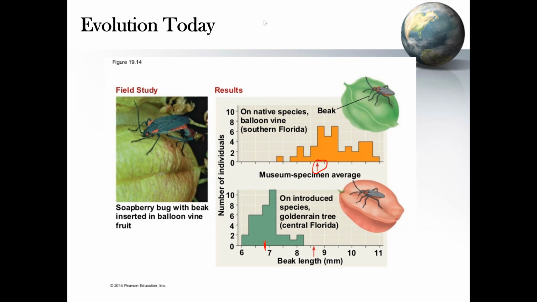You can also see evolution if you think about antibiotic resistance in bacteria. We develop new antibiotics, bacteria eventually become resistant to that antibiotic, and they pass on this resistance. It's in their DNA, and they pass it on to other bacteria.